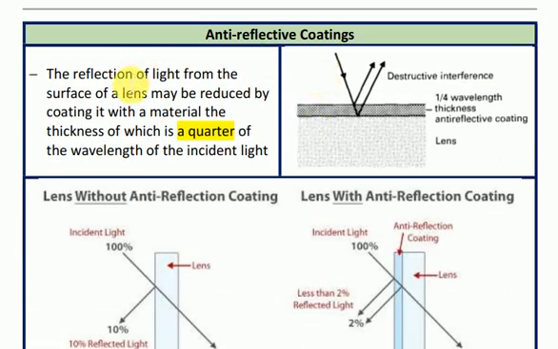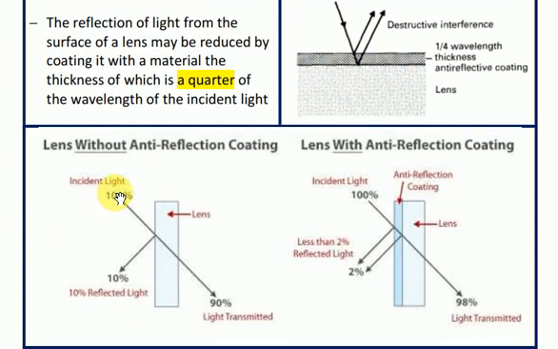Anti-reflective coatings. The reflection of light from the surface of a lens may be reduced by coating it with a material the thickness of which is a quarter of the wavelength of the incident light. These are lenses without anti-reflective coating and lenses with anti-reflective coating. The coating thickness is a quarter of the wavelength of the incident light, and this is the lens.